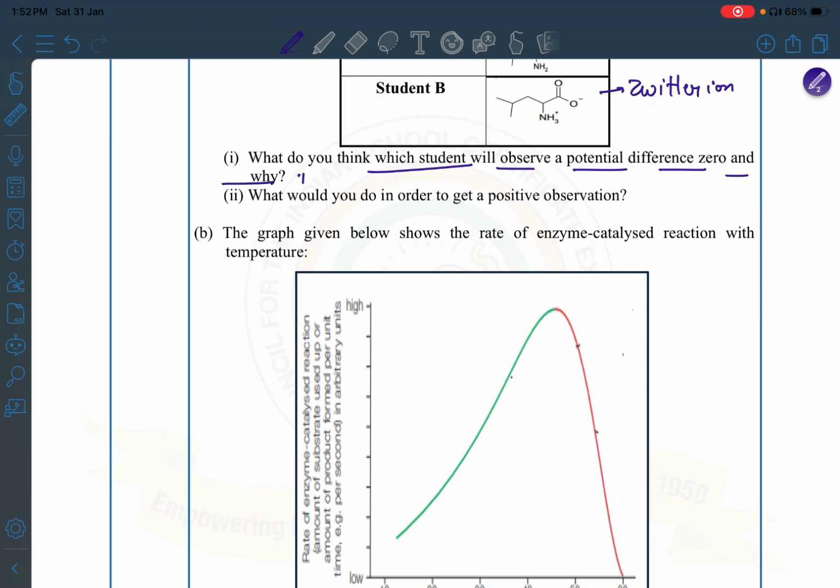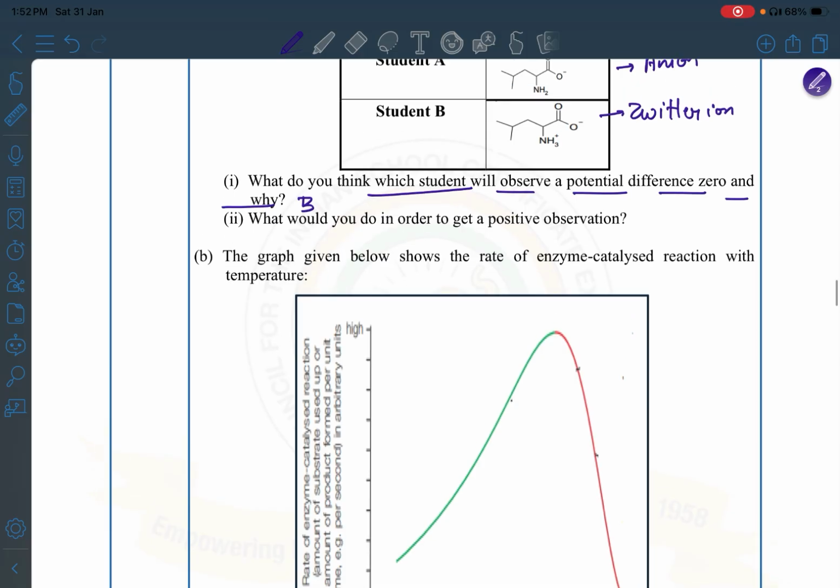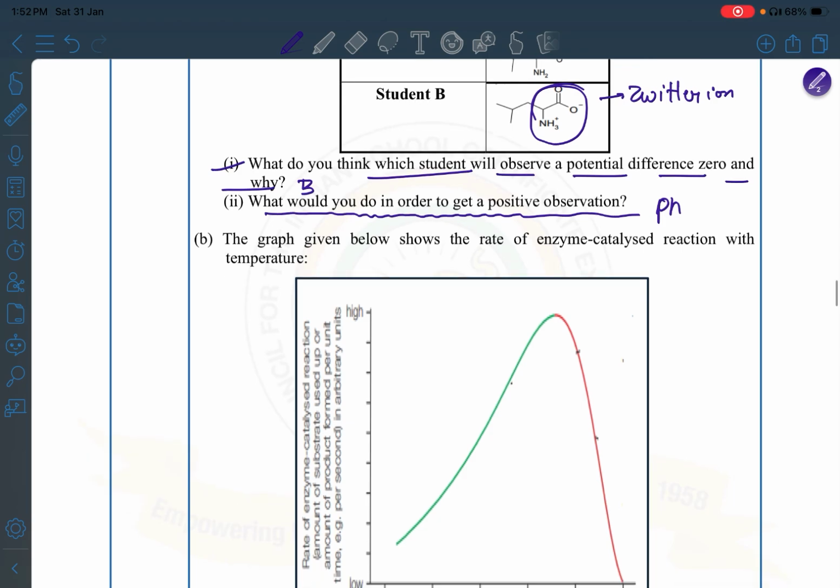Student B observes a potential difference of 0 because zwitterions don't migrate under the influence of an electric field. What would you do in order to get a positive observation? We can change the pH, and after changing the pH we can get a positive observation.